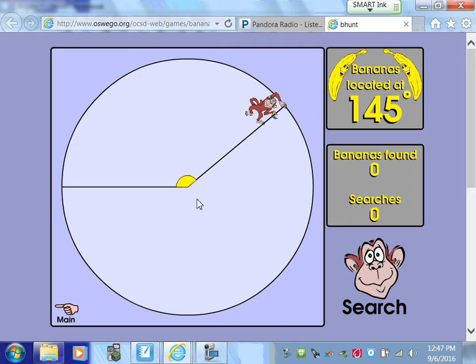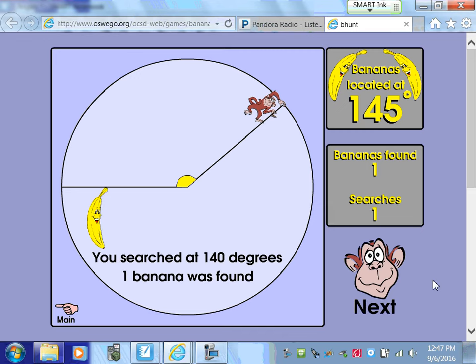And then see the monkey face down there, so search. Thank you. Yay! You got a banana! All right, 40. Good job. You were like 5 degrees off. That's all right.